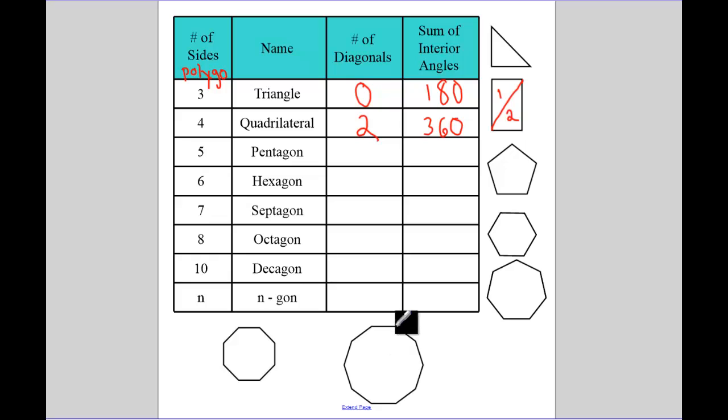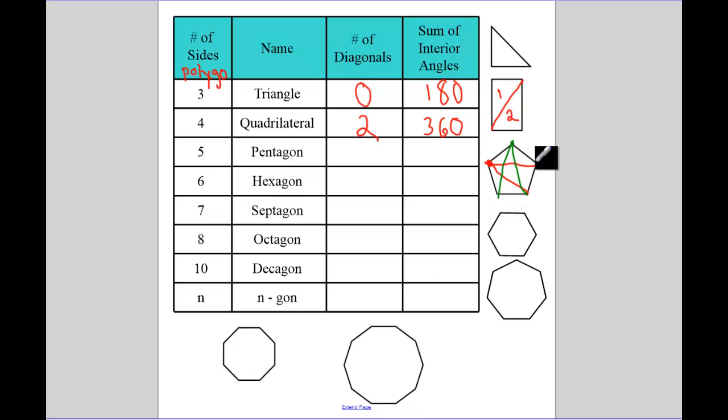Okay, next, with a pentagon. Number of diagonals. So this vertice here is paired with 1, 2 other vertices for a diagonal. Then I have this one up here is paired with 3, 4.